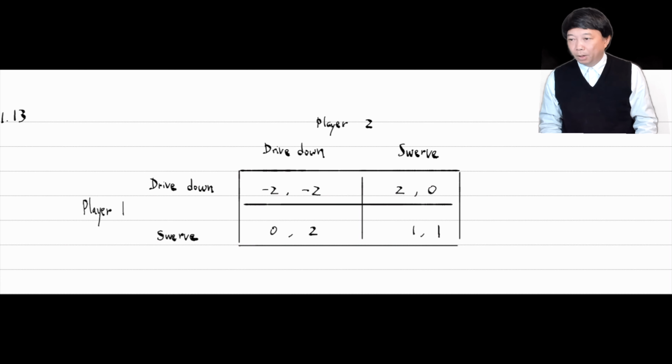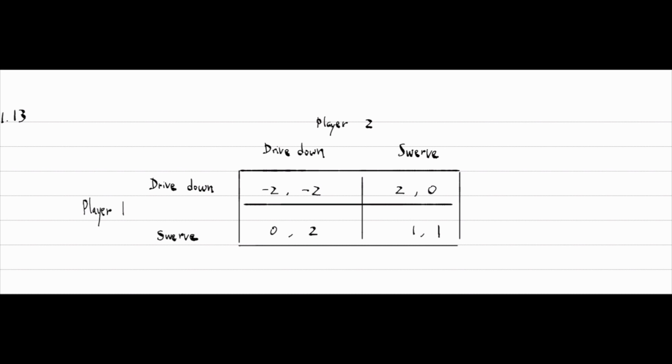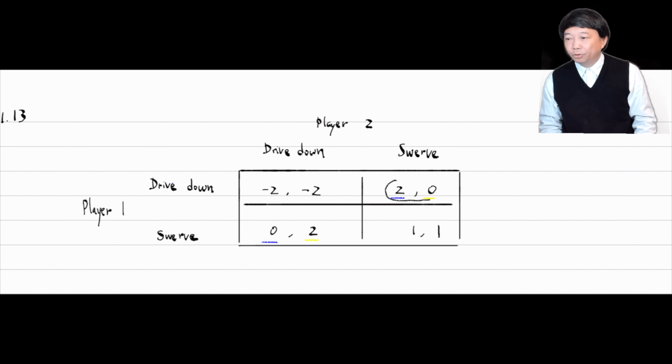We still use the best response approach to find the pure strategy Nash equilibrium. The two Nash equilibria are unchanged.